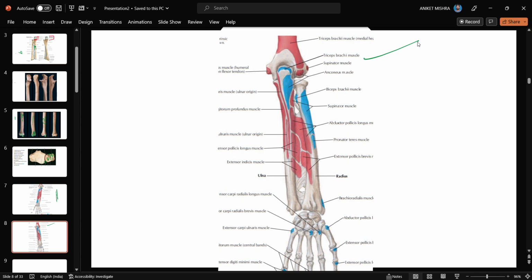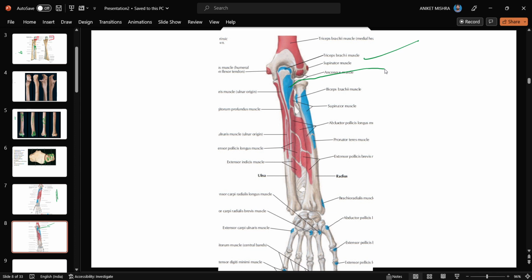When we look below, in this posterior view, we will find that the anconeus also inserts at the lateral aspect of the olecranon process, at the upper 1/4 of the posterior surface. So the posterior surface has two insertions: the triceps muscle and the anconeus muscle.